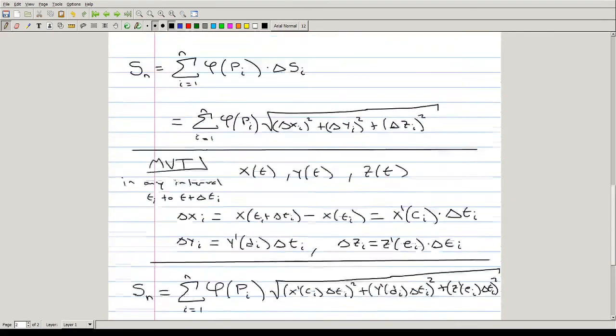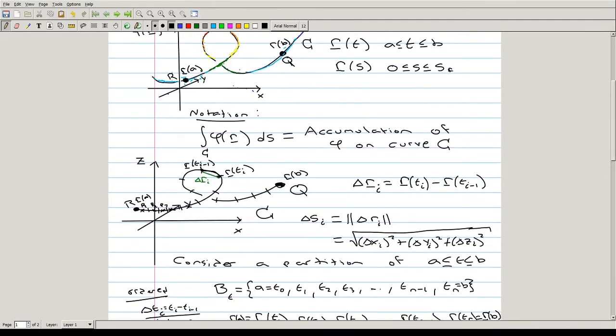And the idea is that we're interested in the limit as this partition gets smaller and smaller. So as we cut this up into smaller and smaller subpartitions, we want to look at the limit of this summation right here, just as with normal Riemann sums from an integral calculus course.